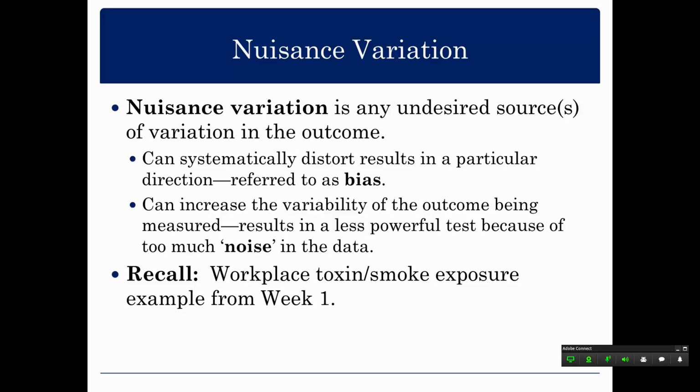So being able to limit those nuisance variables, either because of their potential to cause bias or to cause noise, can increase not only the accuracy of your conclusions, but also the power of your test to detect real trends in the data.